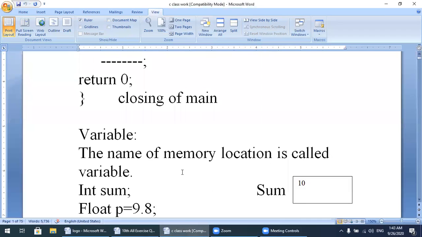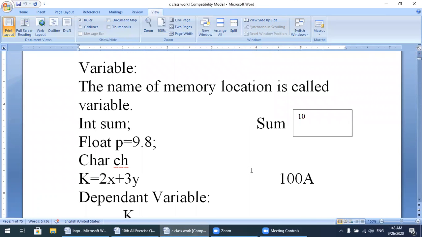I will show you what this means, watch over here. The name of a memory location is called a variable. Let's say sum is a variable. This is a program segment, so don't be confused. We will use this program in coming topics.